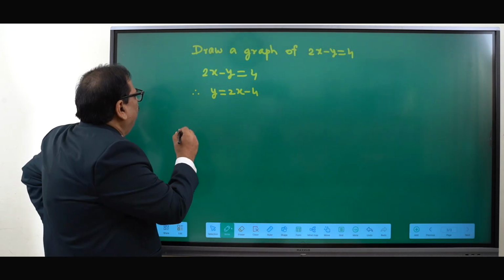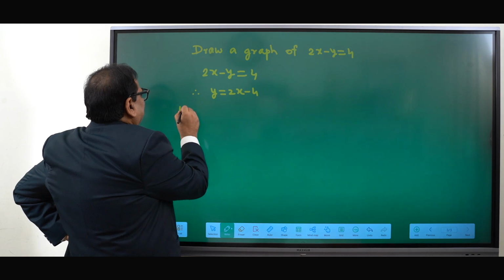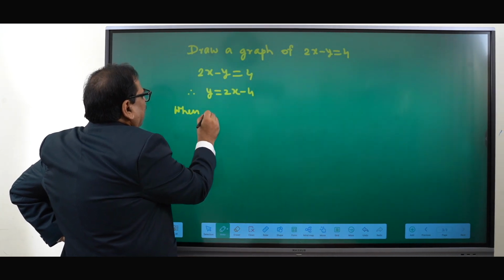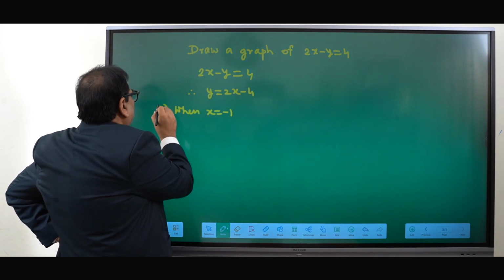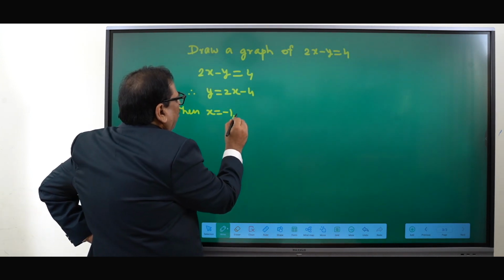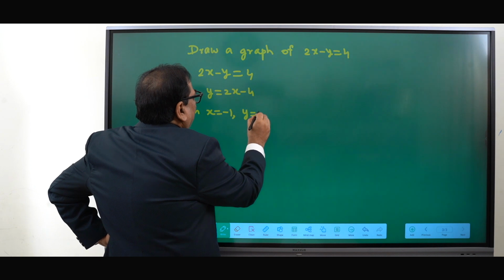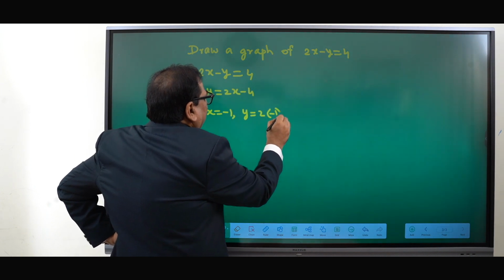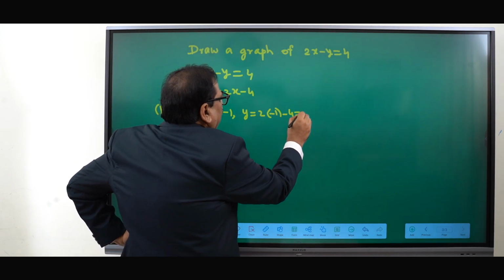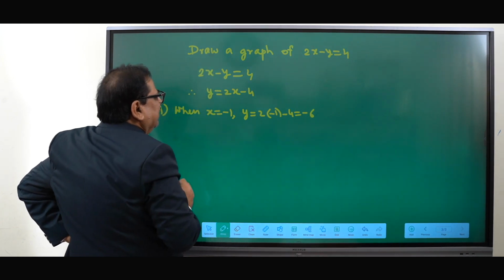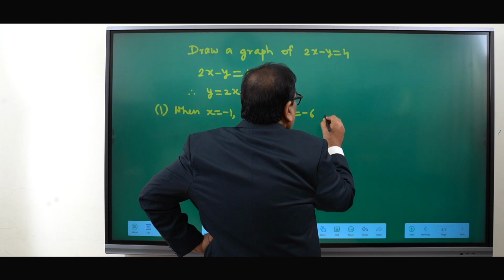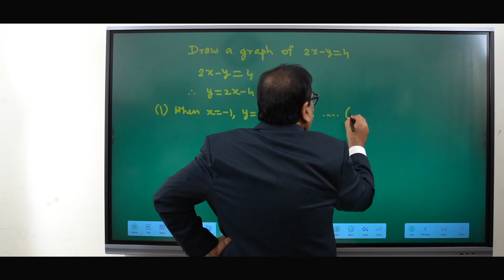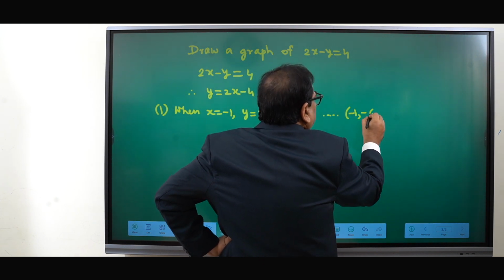Now, suppose when x is equal to minus 1, y will be equal to 2 into minus 1 minus 4, which is equal to minus 6, and we get our first point, and that is (-1, -6).